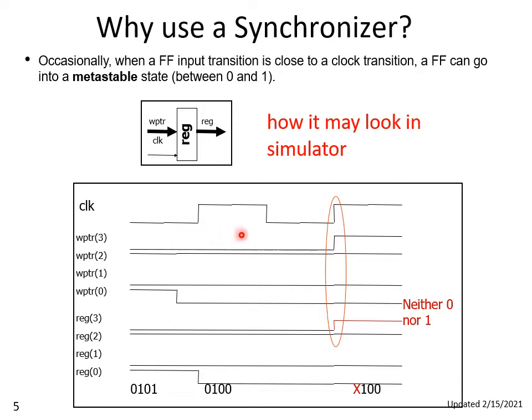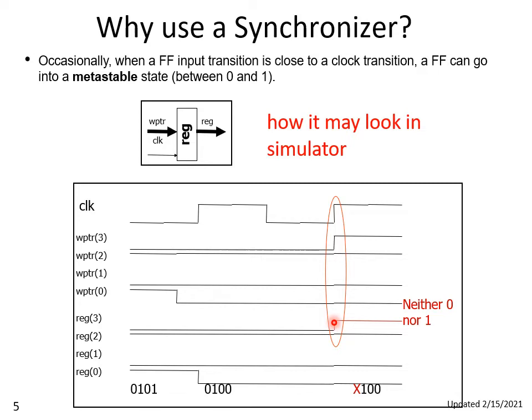I've deliberately set it up so that one of the bits of the input, WPTR, falls right near the active clock edge, bit 3, and as a result it causes bit 3 of the output of the register to be, well, either metastable or simply an unpredictable value, 1 or a 0.